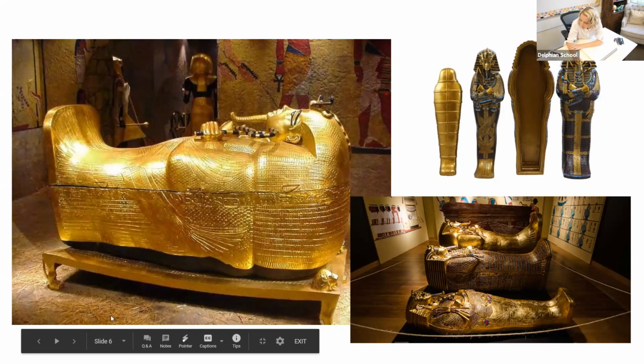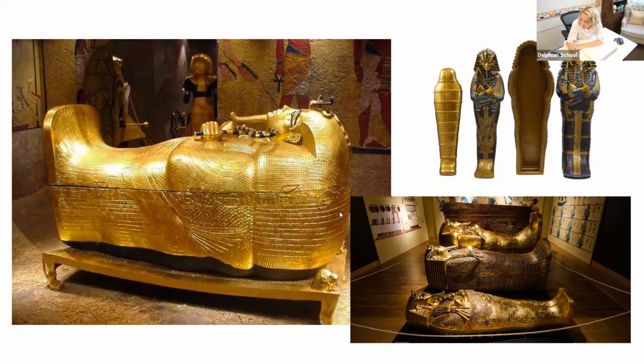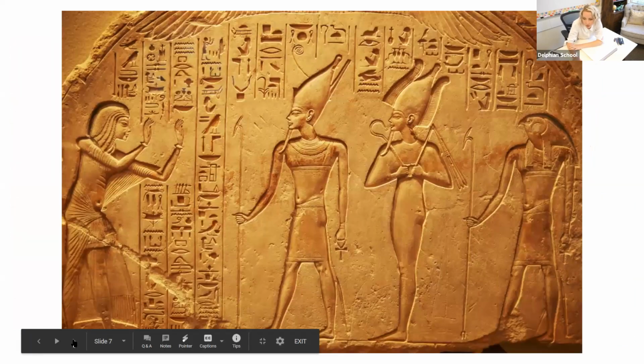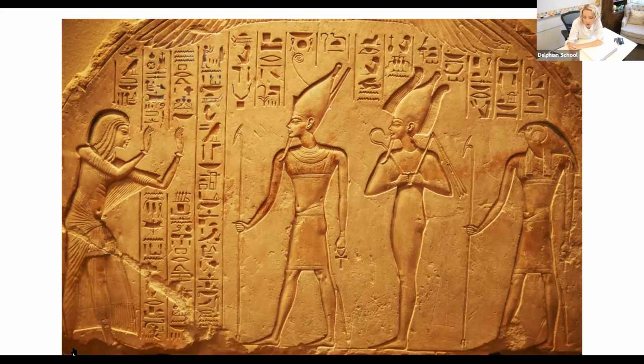And inside of these tombs, besides all the treasure and the body, they would do a lot of writing. They would write down a lot about the king, about the pharaoh. They would write about them on the walls, and they would write stories about how that person lived, their achievements.